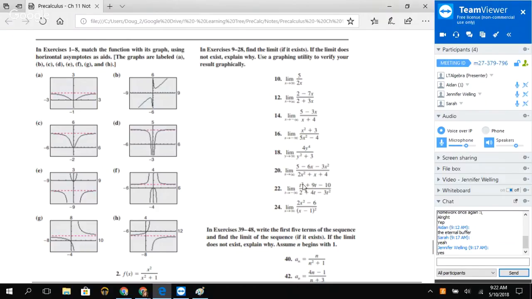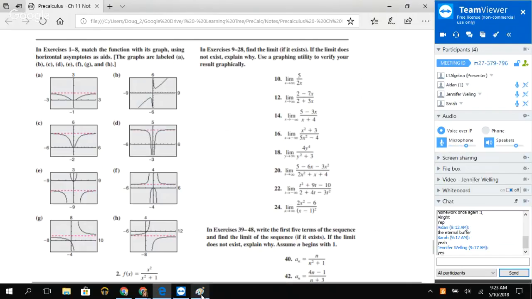So the degree of my numerator equals the degree of my denominator, right? That means I'm just going to take the coefficients of my highest degree variable, and that's actually going to be my limit.